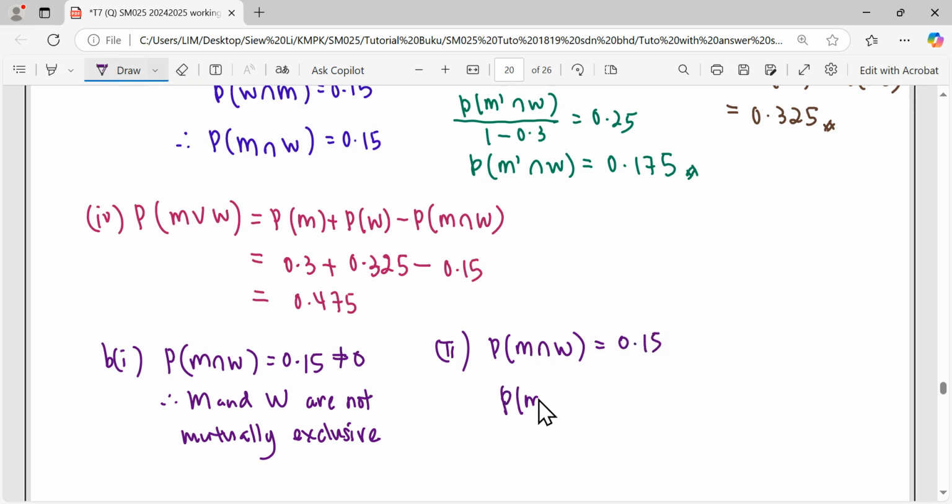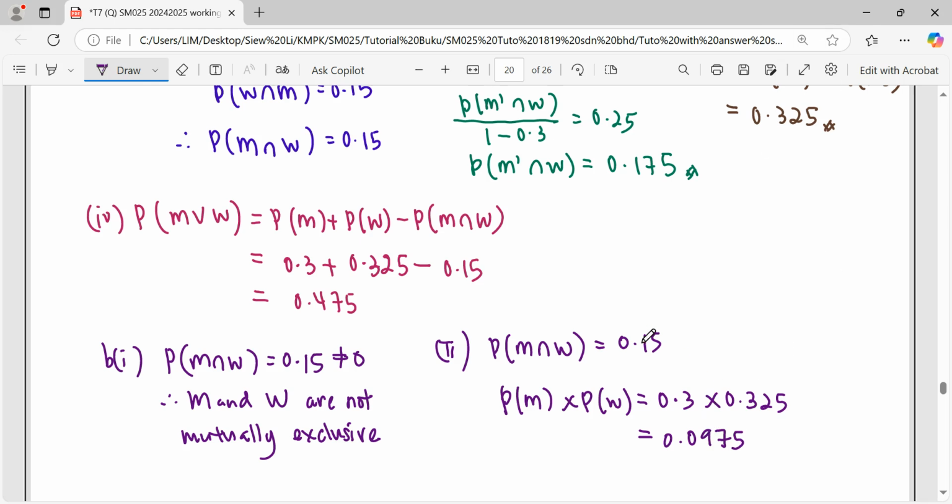If we take the probability of M, 0.3, times the probability of W, 0.325, we get 0.0975.